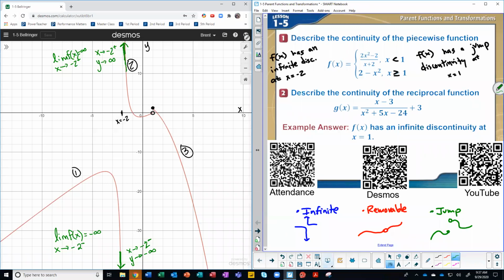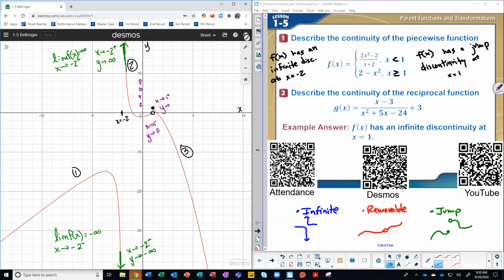And so, I'll do a different color here. This left limit, it's on the left side of 1. The y's, it appears to me, it's stopping at 0. And on this piece right here, as x approaches 1 from the right side, the y is stopping at, let's count it up, it looks like a half, but notice that this is a 10 on the y-axis, which means this is an 8, this is 6, this is a 4, this is a 2.